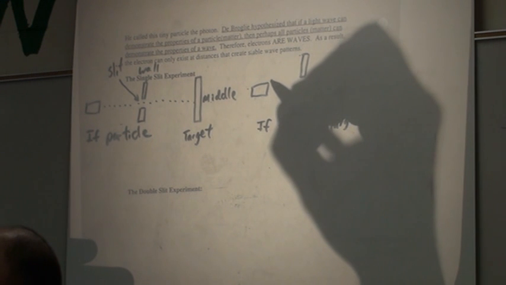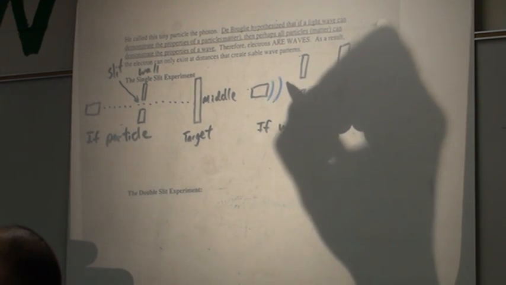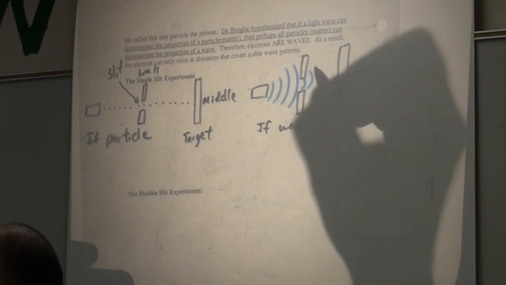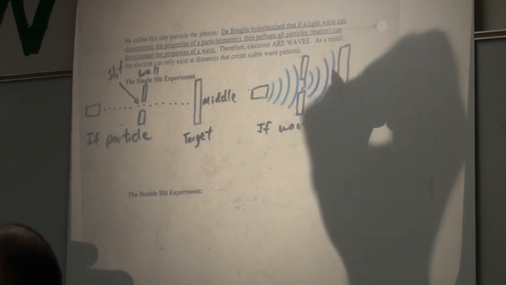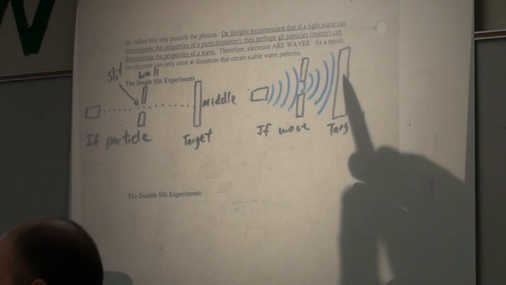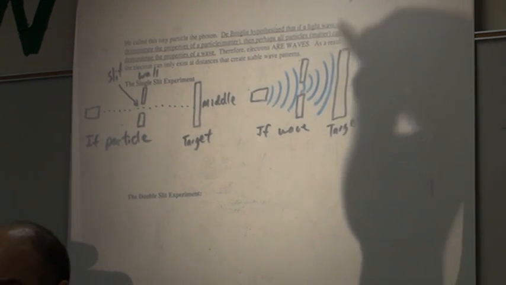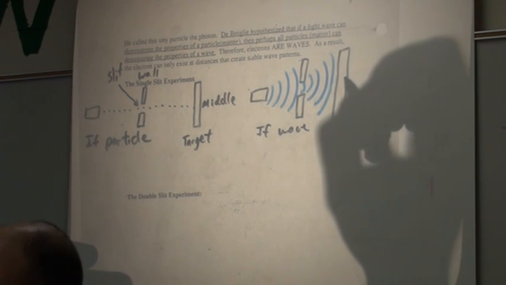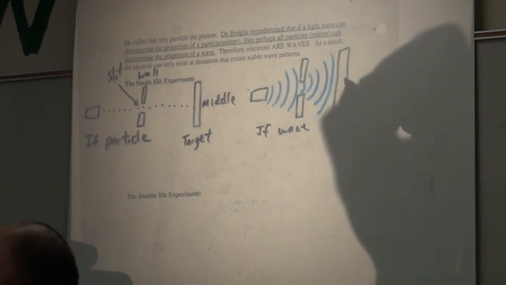So if a wave comes out of the electron gun, the wave will hit the opening, right, and go through. But what happens when the wave gets to the other side? It spreads out again. So where will the wave hit the target? Everywhere.